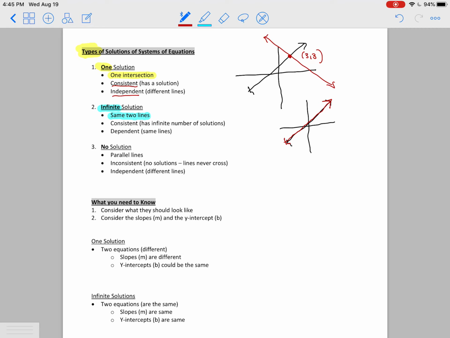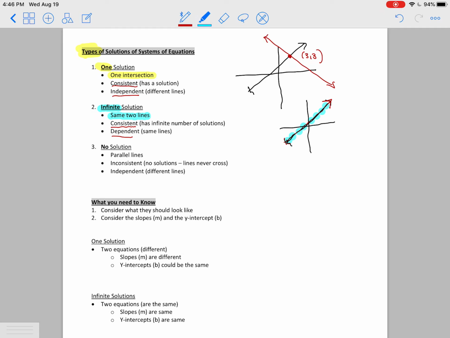So you can see there's an infinite number of solutions, right? There are solutions all over this line, and of course, it goes to infinity in both directions. So we know that it is definitely a consistent system because it has an infinite number of solutions, and it is dependent because it's the same line.